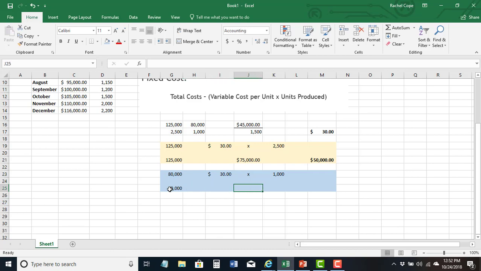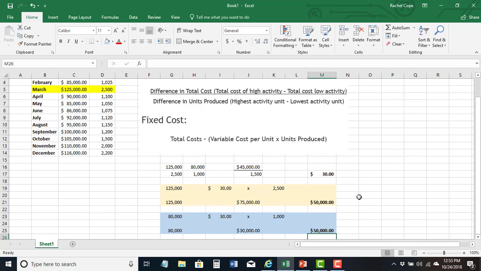That gives us 80,000 in total cost minus variable cost per unit of 30 times units produced. So we had 30,000. So 80,000, subtract out 30,000, and voila, we have 50,000 in fixed costs for both the highest month and the lowest month.